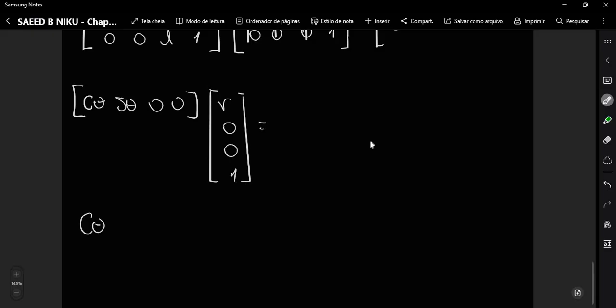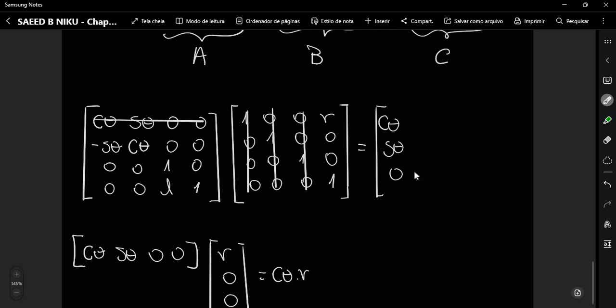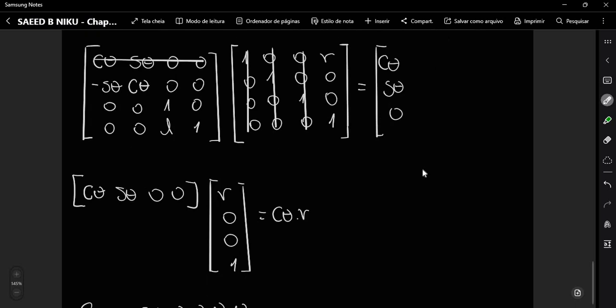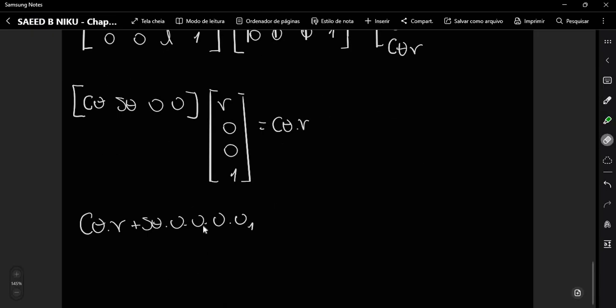And it is cosine of theta times r plus sine of theta times 0, 0 times 0, and 0 times 1. So it is cosine of theta times r. So right here, cosine of theta times r. Okay, that's what we get. At least I'm not doing something wrong.